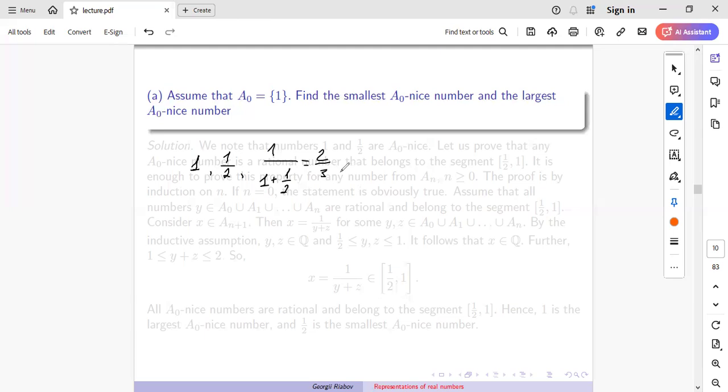Okay, let's do some more. We can take 1 and 2 over 3. In the denominator, we have 5 over 3, so we get 3 over 5.